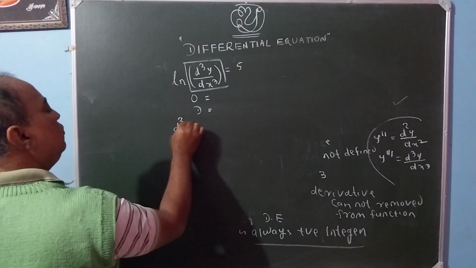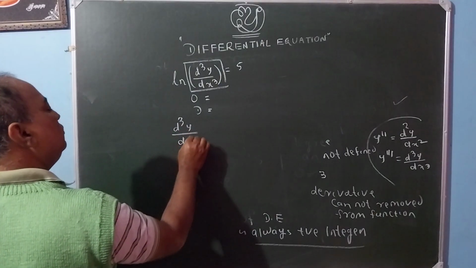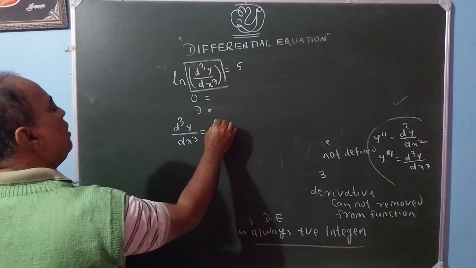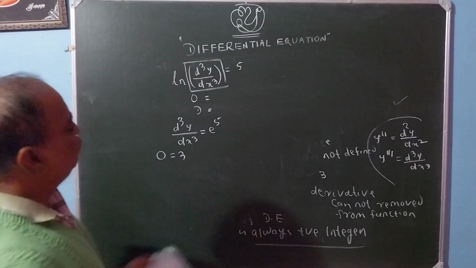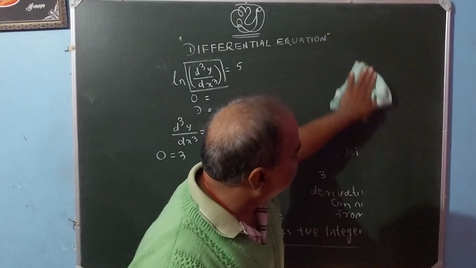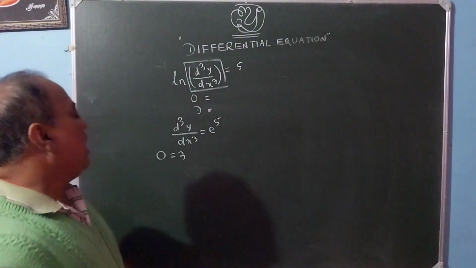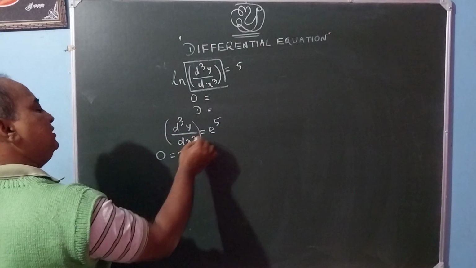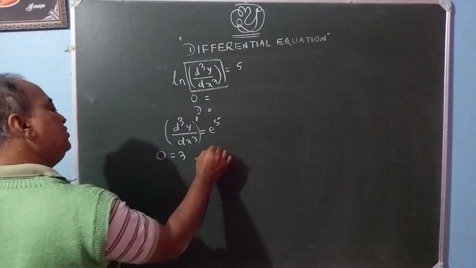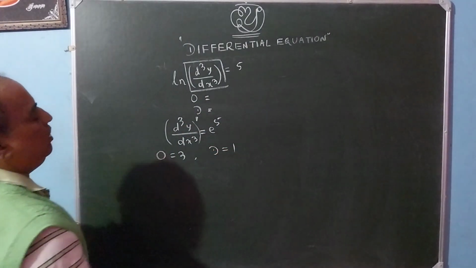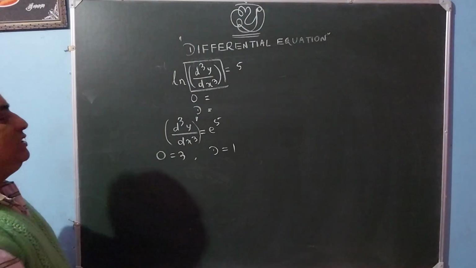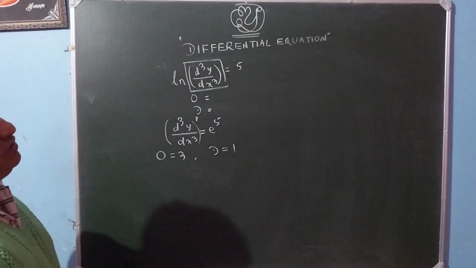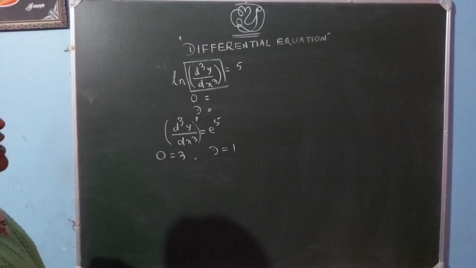So d cube y/dx cube is equal to e to the power 5. Order is equal to 3 because the maximum derivative is 3 here, and degree is 1. So you can find the order and degree of a differential equation like this.